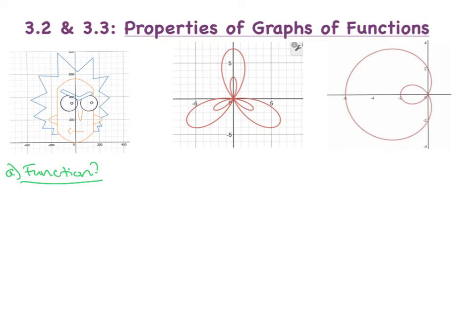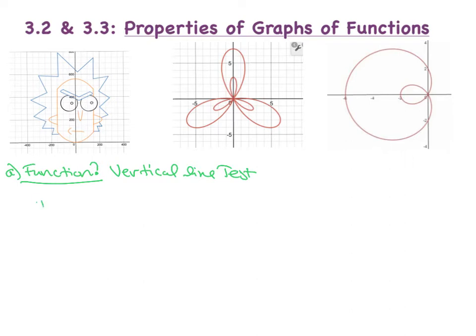And to answer that question, we're going to look at the vertical line test. So the question will be, can you draw any vertical line at all that crosses your graph more than once?